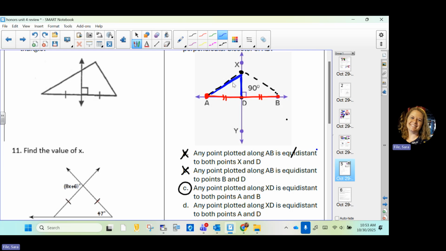And in a right triangle, the hypotenuse has to be longer than the legs, right? So we know that one doesn't make sense either. Okay, but what you really had to understand is the perpendicular bisector theorem that says any point on the perpendicular bisector is equidistant from the endpoints of the segment it bisected.